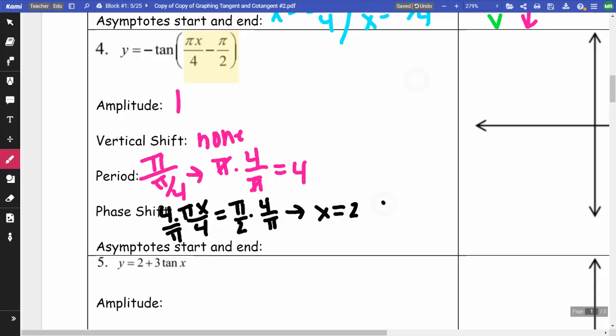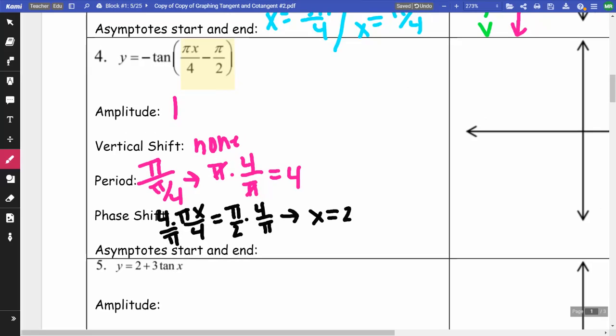Now, in terms of my asymptotes, again, I'm going to take this pi x over 4 minus pi halves and set it equal to a negative pi halves. And I can do the same and set it equal to a positive pi halves, or I can just use my period. Let's see what type of number I get.